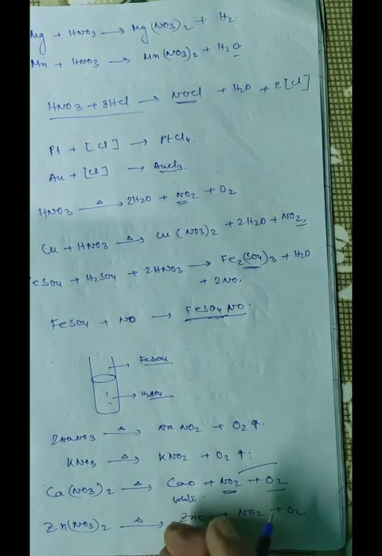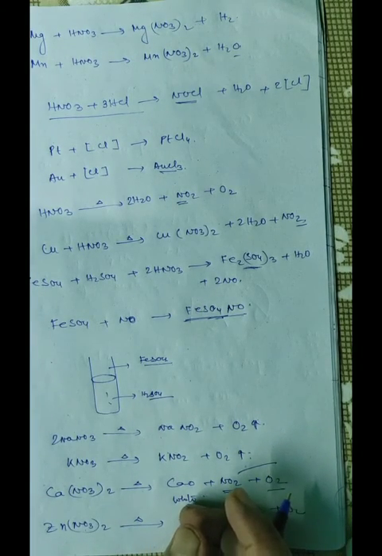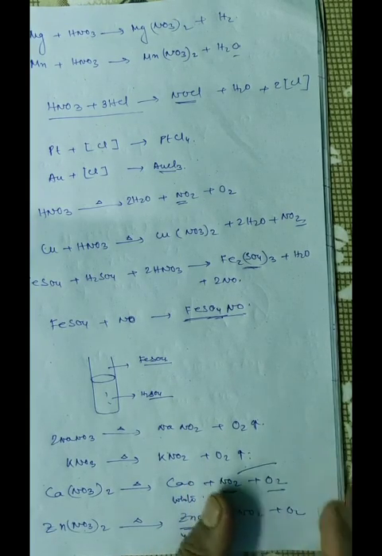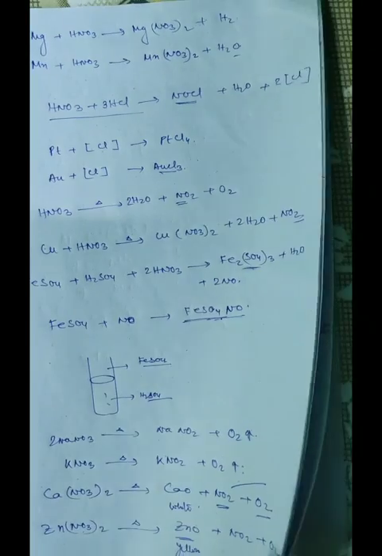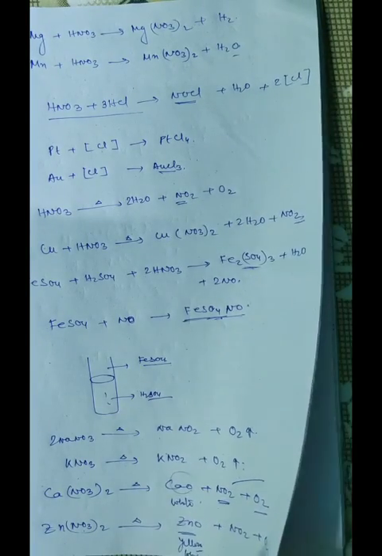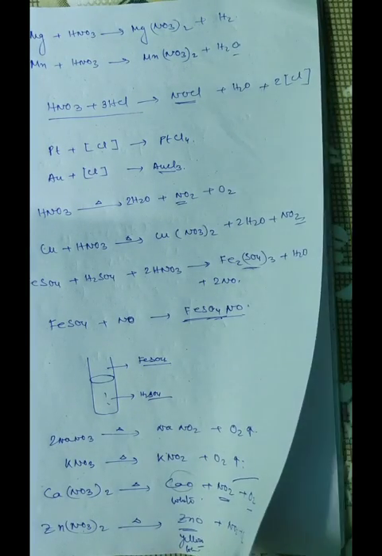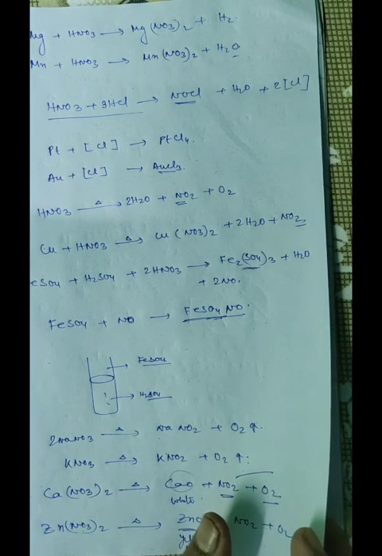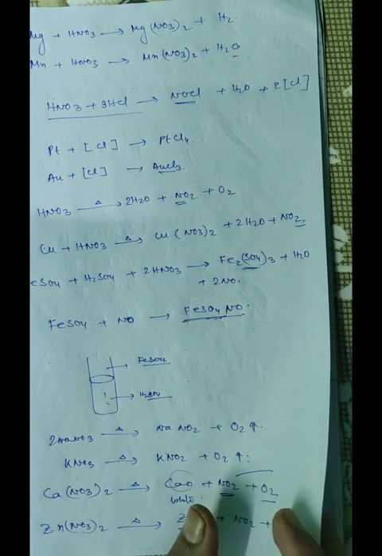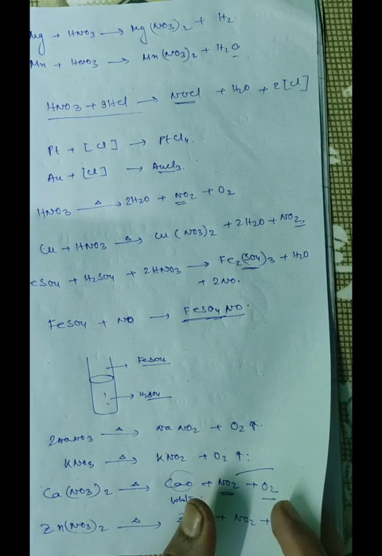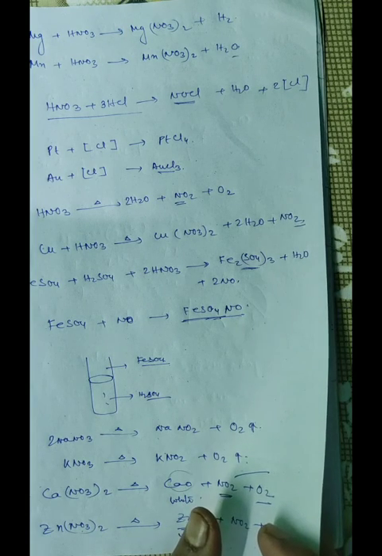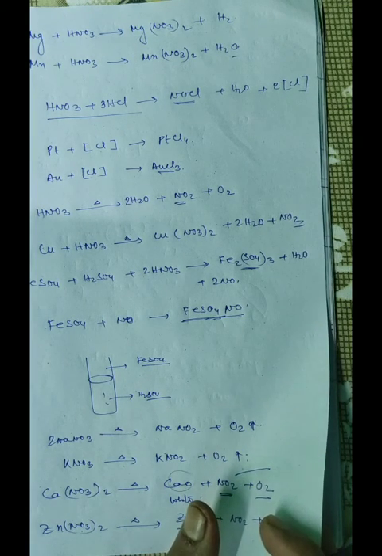Lead nitrate when heated gives lead oxide plus nitrogen dioxide, a yellow solid that fuses with glass. Now, copper nitrate on being heated gives copper oxide plus nitrogen dioxide plus oxygen, and the color of copper oxide is what? Its color is black, and the color of copper nitrate is blue crystalline, whereas lead nitrate is colorless crystalline. Getting?